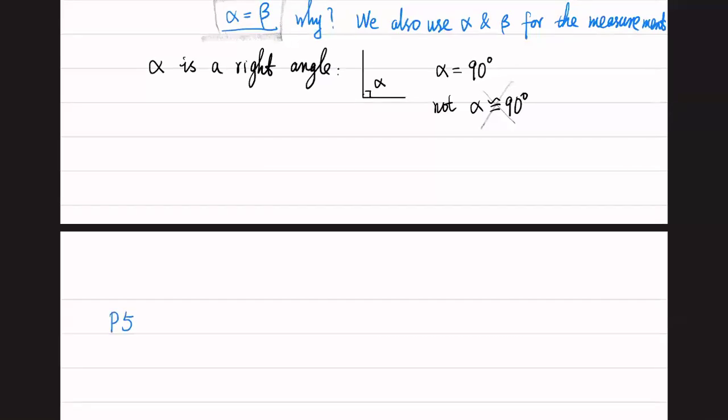The fifth one, we'll spend some time on. Okay, let's have a 5 minute break. After the break, we will start with the fifth postulate. We'll be back at 8:31.